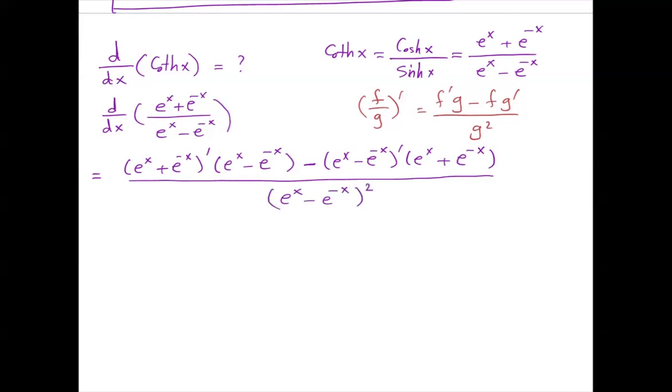Now we just need to take the derivative, apply algebra, and simplify as much as we can, so we can find the derivative of hyperbolic cotangent.